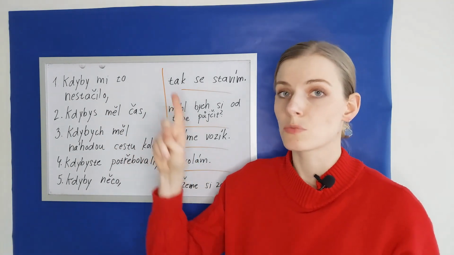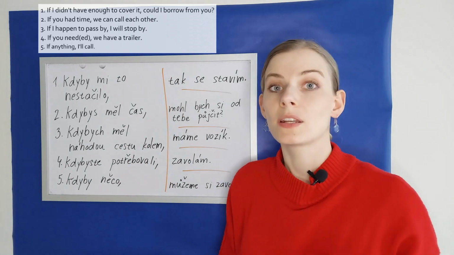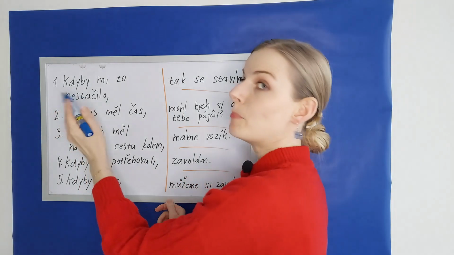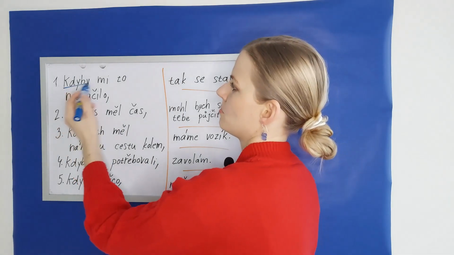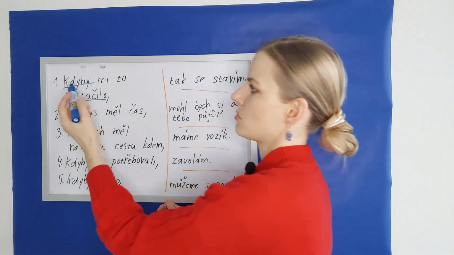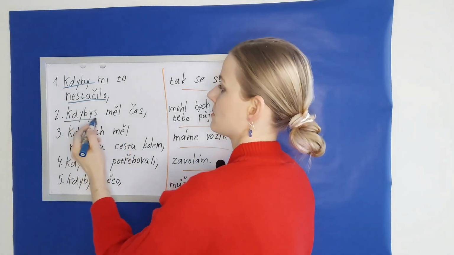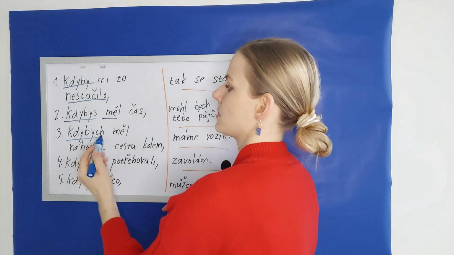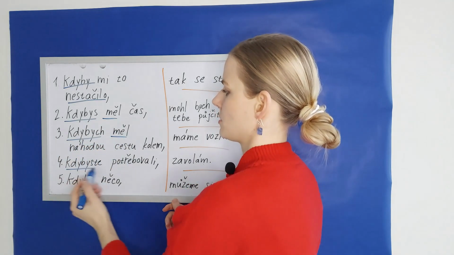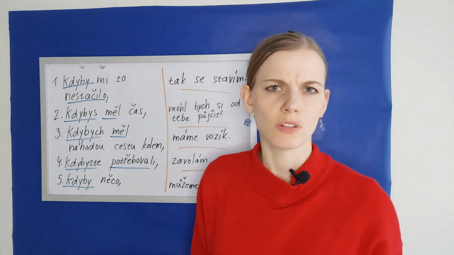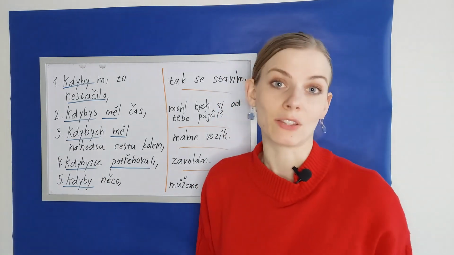So we will work with this translation, but let's first underline the kdyby forms and the be form. So kdyby nestačilo, remember kdyby is followed by past tense. Kdybys měl, kdybych měl, kdybyste potřebovali, kdyby. There's no verb. We will get to that.